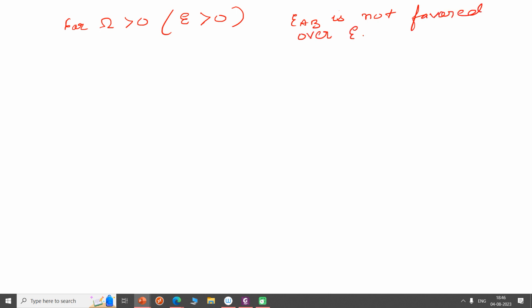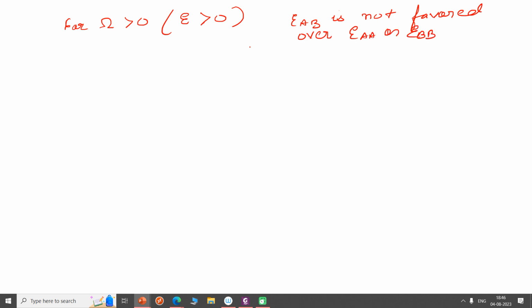Okay, so we have seen that for omega greater than 0, that means E greater than 0, tells us that my AB bond is not favored over EAA or EBB.